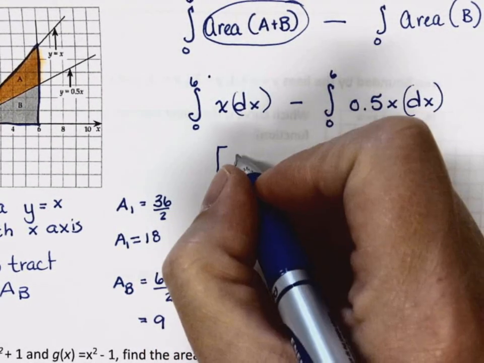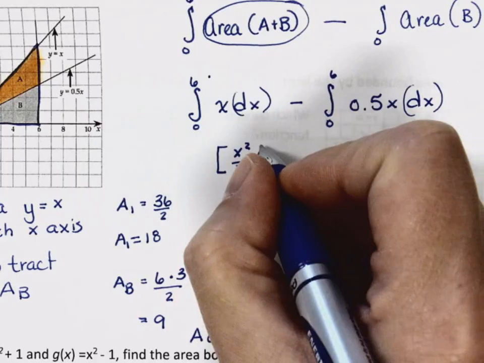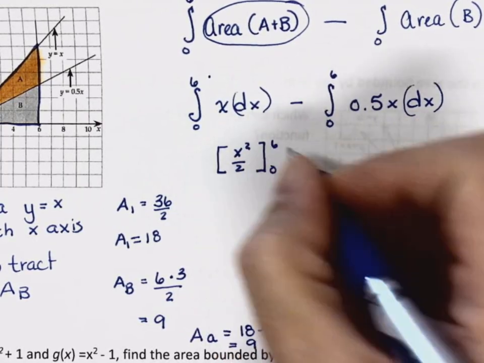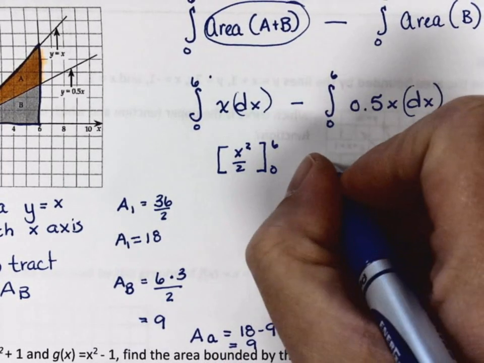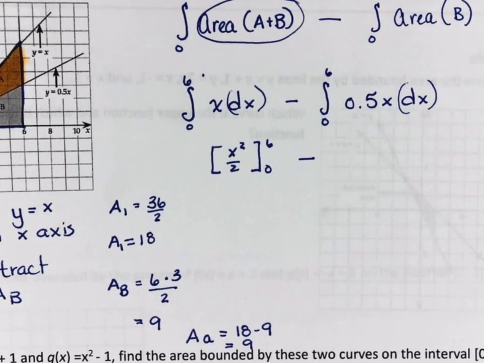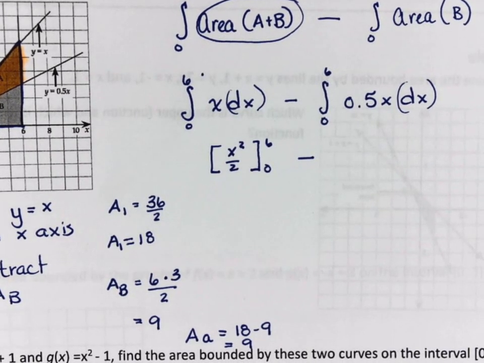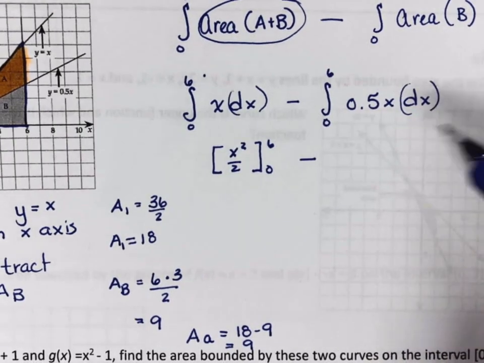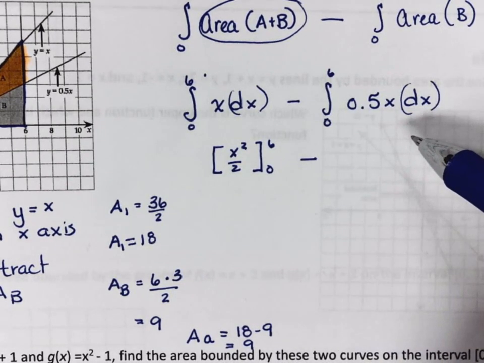What's that going to be? x squared over 2, from 0 to 6. And this one is written as 0.5. I'm going to change it into a fraction of 1/2 x.